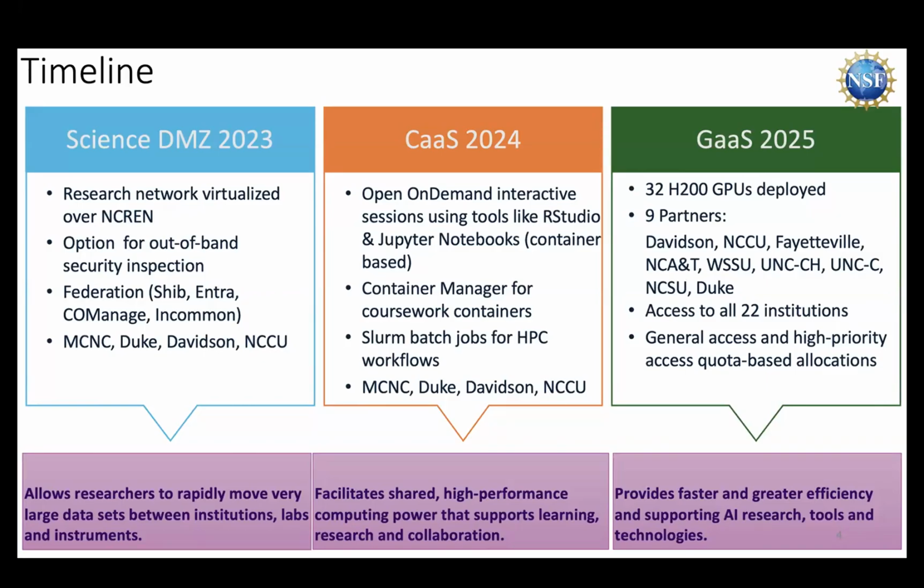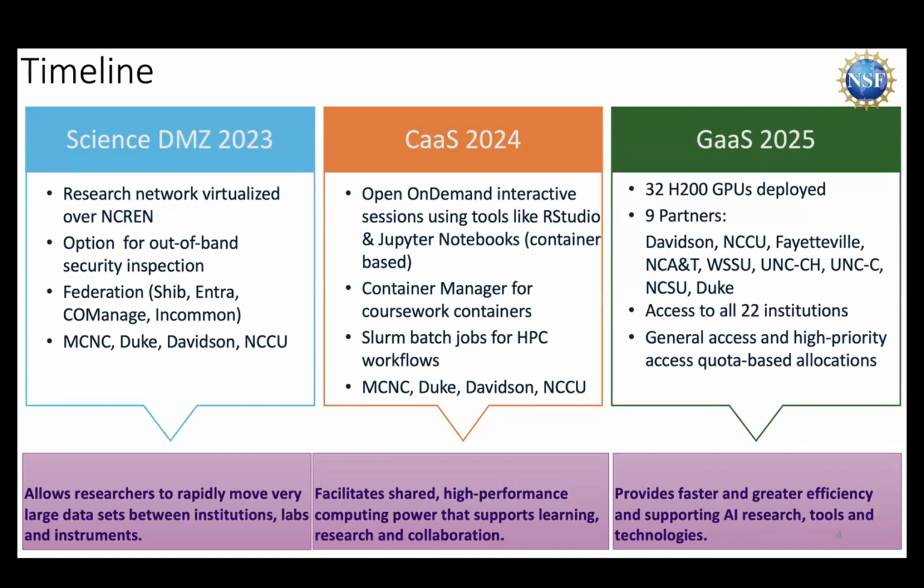Alongside this, we also established an authenticated federation. What that allows is anyone at a North Carolina institution to use their home institution credentials to leverage these resources. Around 2024, we started CaaS, which stands for Compute as a Service.